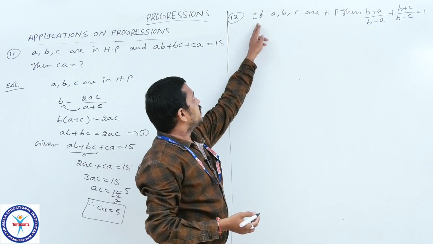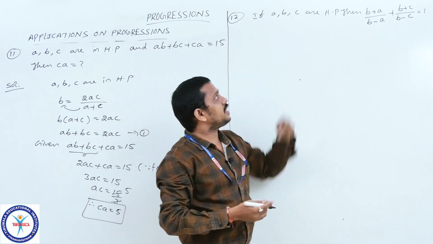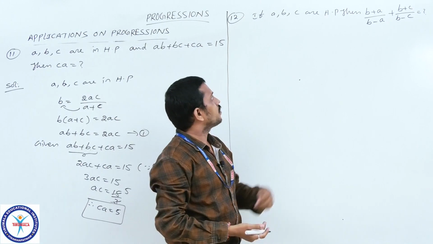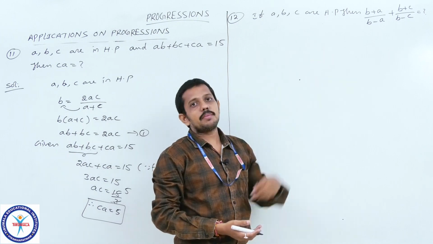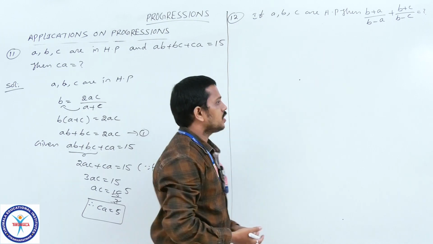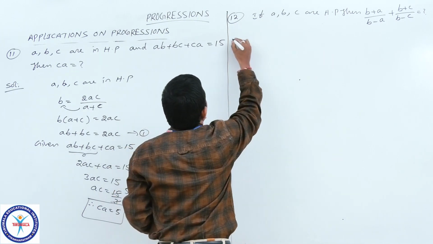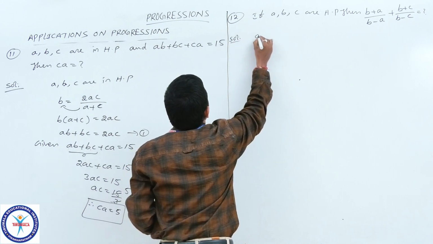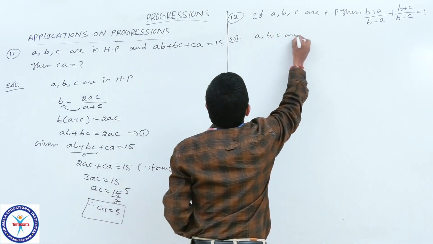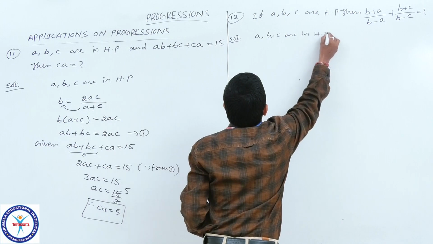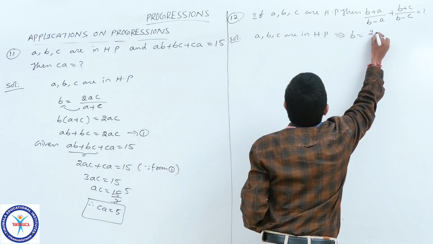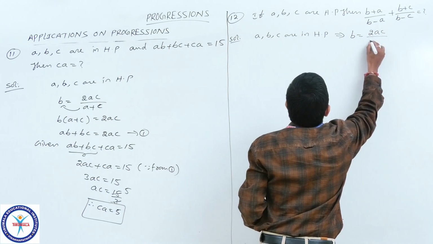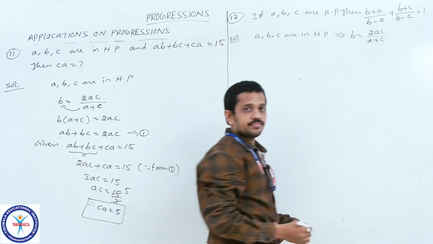Now here next one. If A, B, C are in harmonic progression, then (B plus A) by (B minus A) plus (B plus C) by (B minus C) is equal to how much? So here it is given that A, B, C are in harmonic progression, which implies middle term B is equal to 2AC by (A plus C).